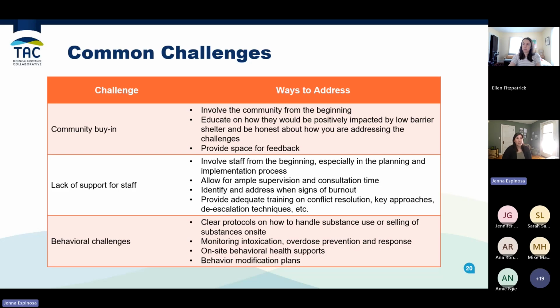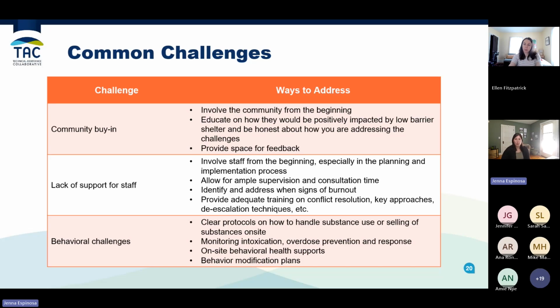Lack of support for staff. We've seen very different reactions from staff who are in shelters. That could be shelter operations, it could be service providers in shelter. In a lot of ways, lowering barriers can reduce the burden on staff to uphold those barriers. So that can be really helpful and lighten the load for shelter staff. On the other hand, there are different challenges that come with low barrier shelters at times, especially ones that are more oriented for people who are struggling with their mental health or actively using substances.